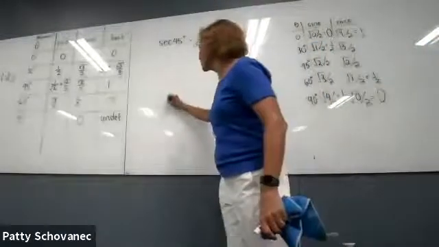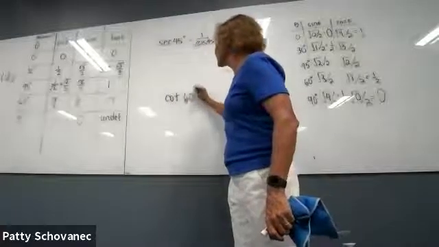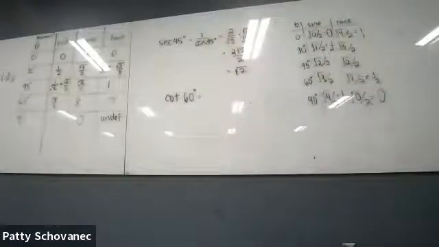Now the cotangent of 60 degrees. Which one am I flipping over?